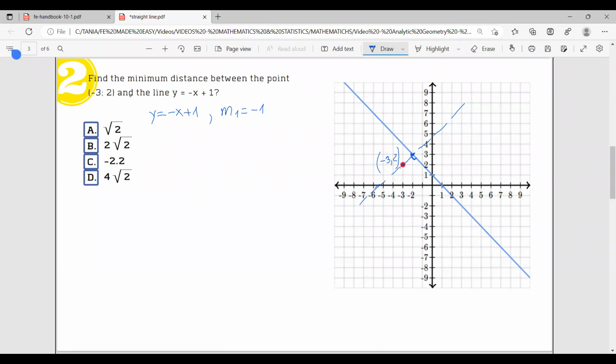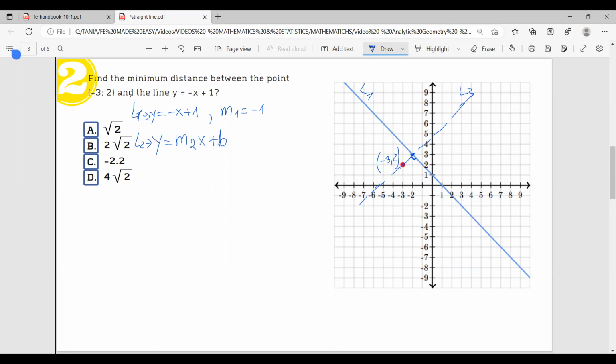And let me write the equation of this second line that I showed here, that goes through this point minus 3, 2 and intersects this line. This is L1, and this is L2. So y is going to be equal to m2 x plus b. This is the general form of the second line, L2, and this is L1.